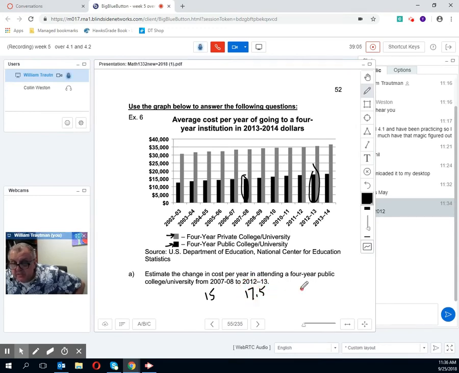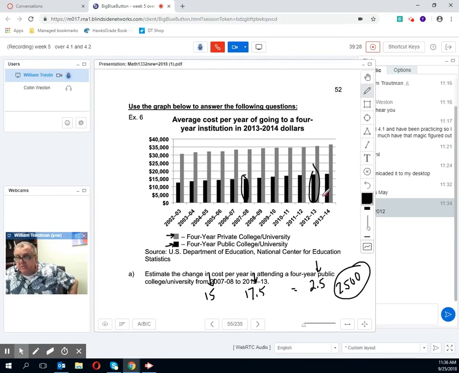17.5 minus 15. If I subtract the two, I get 2.5, which is $2,500. This is 15,000. This is 17,500. 2,500 is the 2.5. So I estimate the change in cost about 2,500 from 2007-8 to 2012-13.